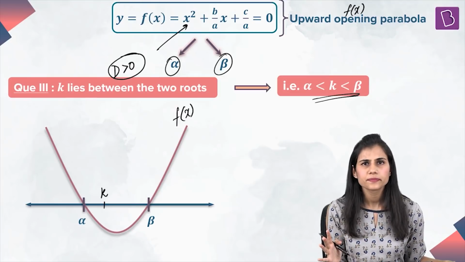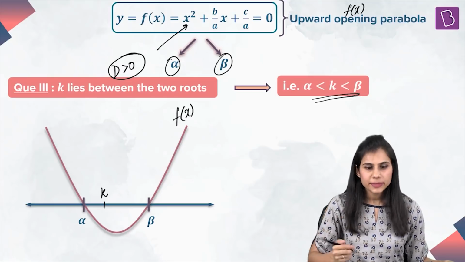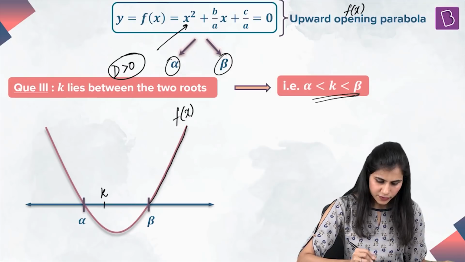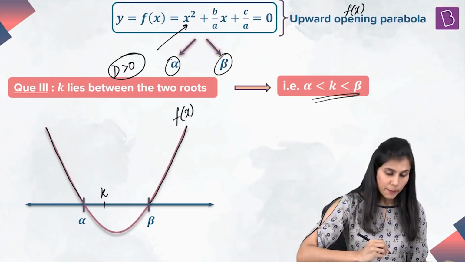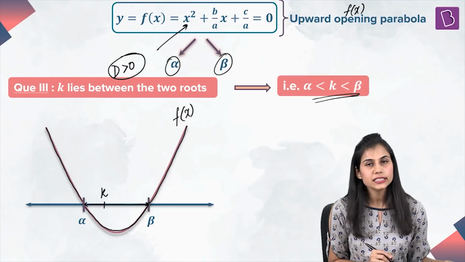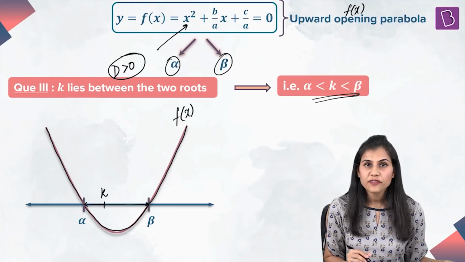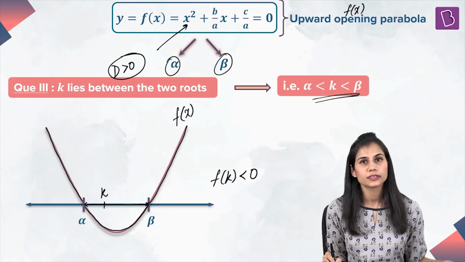Now understand, for all x greater than beta, f of x is positive. For all x less than alpha, f of x is again positive. But for all x between alpha and beta, f of x is negative. Agreed? k is lying between alpha and beta. That means definitely f of k is negative.